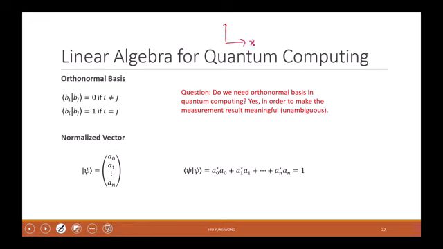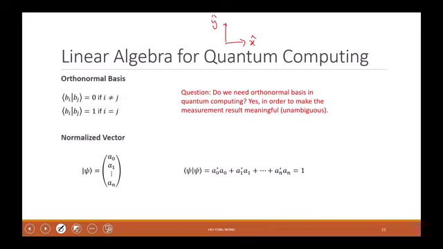I always try to think about the real space if I don't understand anything. Y is normal to x. They don't have common quantities, right? So their inner product is going to be 0. But if they are the same, meaning itself, then its inner product is going to be 1.